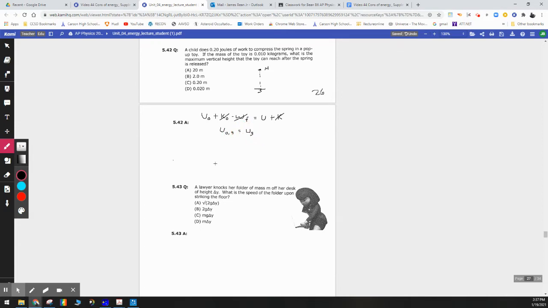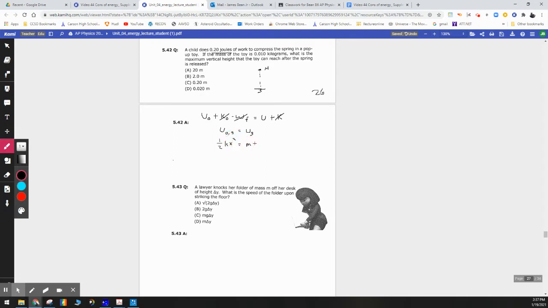This is going to be 1/2 kx squared, but we already have the 0.2 joules, so this is already given to us, and it equals mgh.